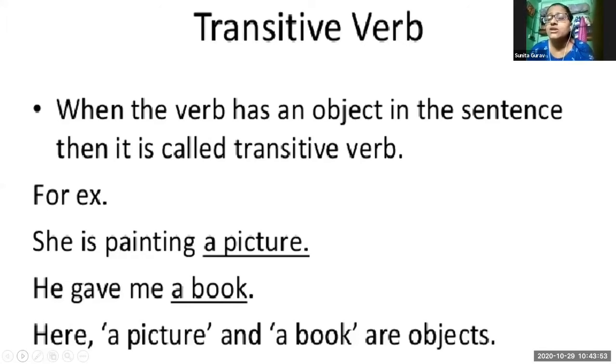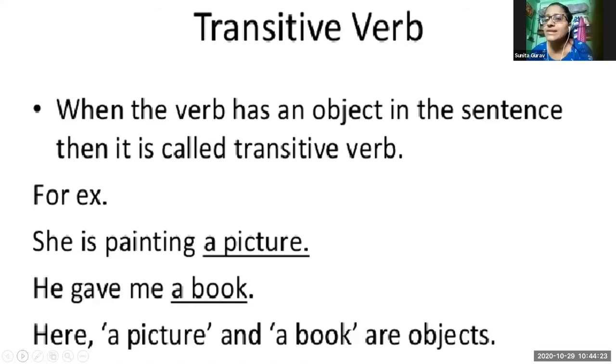At that time, it comes under intransitive. But when three things are present in a sentence, that is subject, verb, and object, then it is coming under transitive verb.